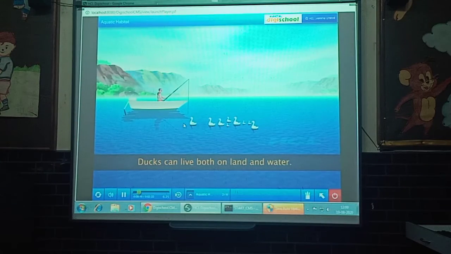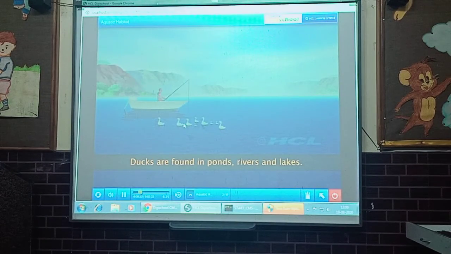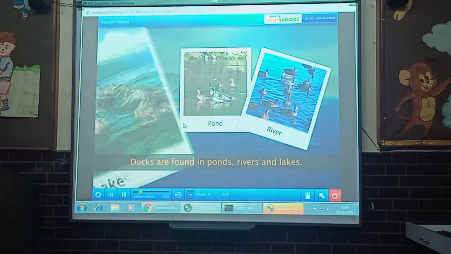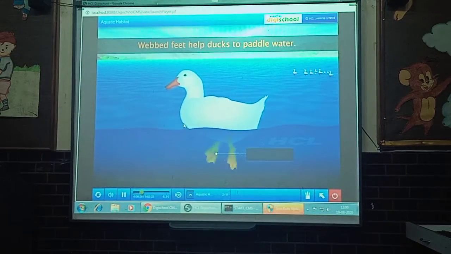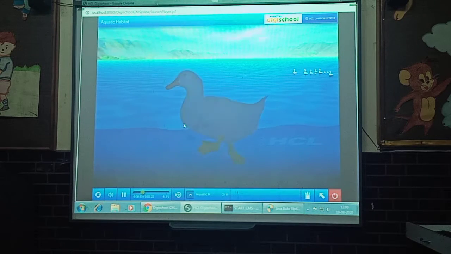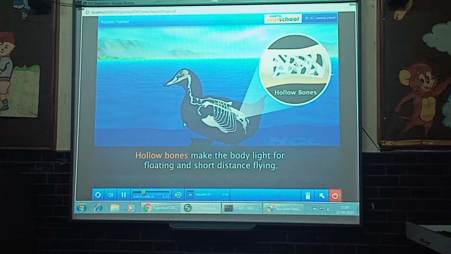Ducks are adapted to live both on land and in water. They are found in freshwater habitats such as ponds, rivers and lakes. They have webbed feet, which helps them paddle underwater. The bones of the duck are hollow, which makes its body very light and helps it to stay afloat.